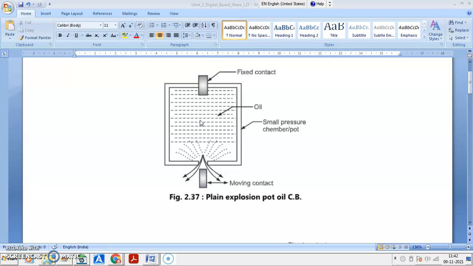So when the moving contact comes out, because of the high pressure oil and high pressure gas, the arc gets extinguished.